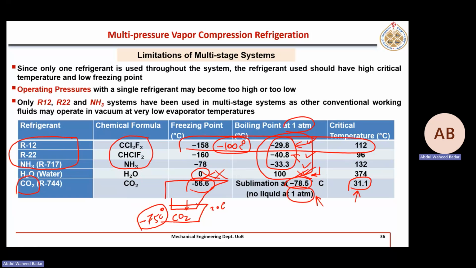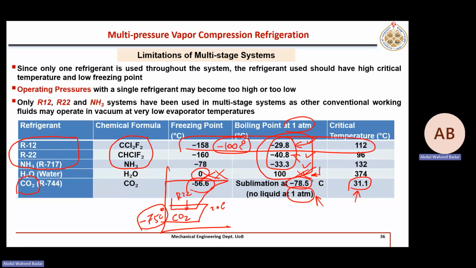CO2 is rejecting its heat to another fluid, for example, R22. Same as heat exchanger, same as in a power plant, we were using 2 fluids. So here you have on pH diagram, 2 pH superimposed. One is CO2 has a very low critical temperature, and the other is R12 or R22, which is higher critical temperature.